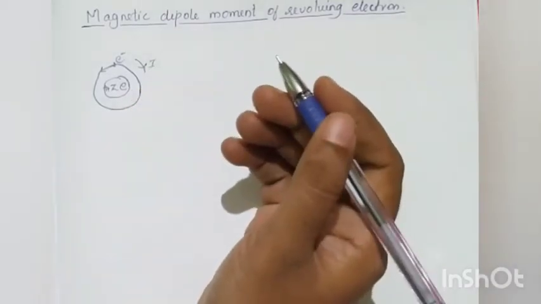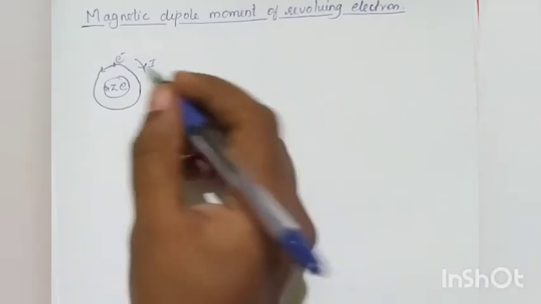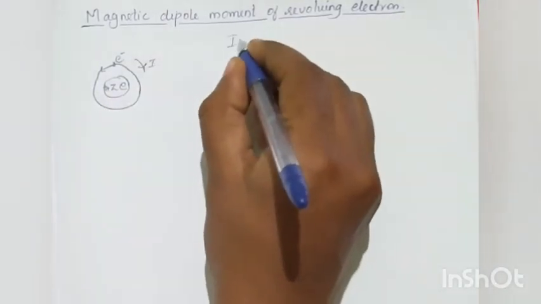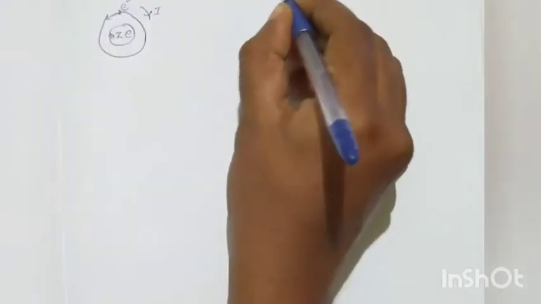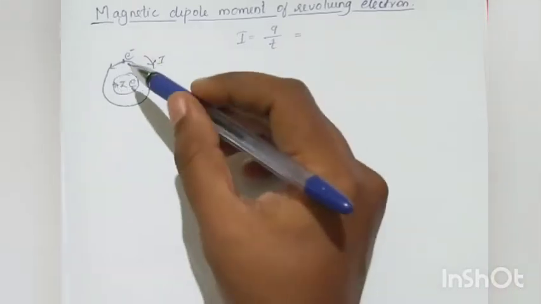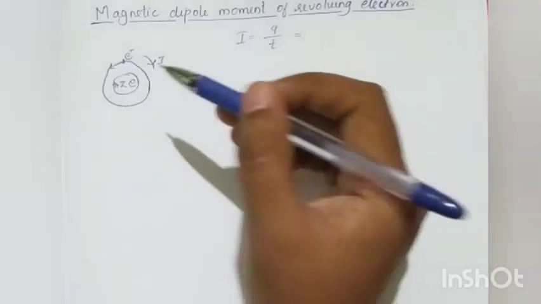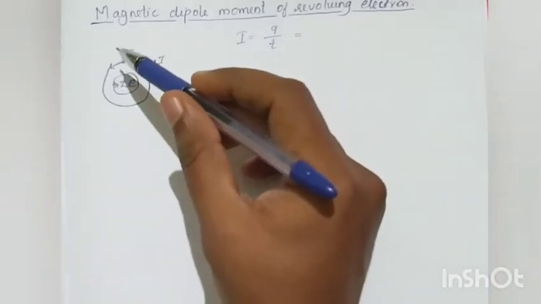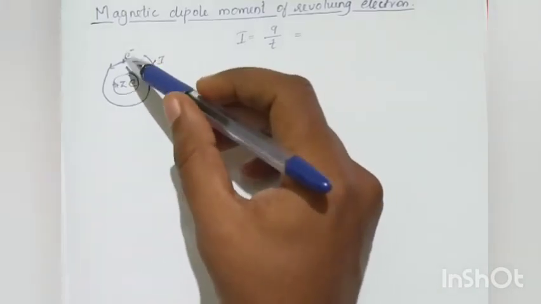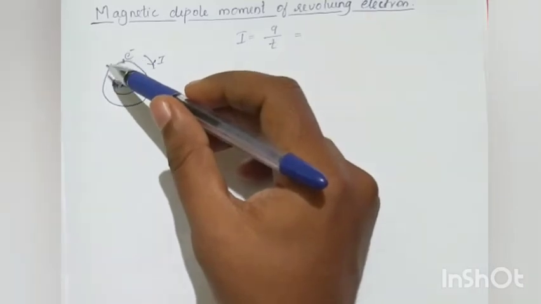Now, what is the amount of current produced here due to this motion of charge? We know current is charge by time, and here the electron is the charge that is revolving. Though the charge of the electron is negative, the current produced is in the opposite direction of motion of the electron.